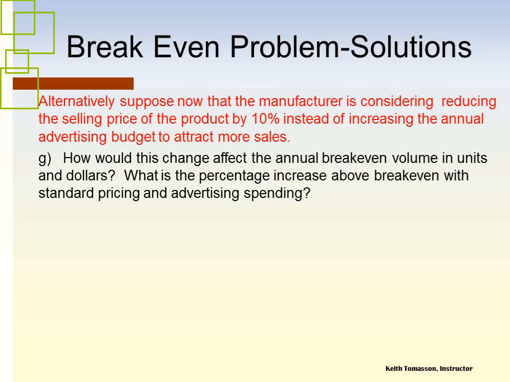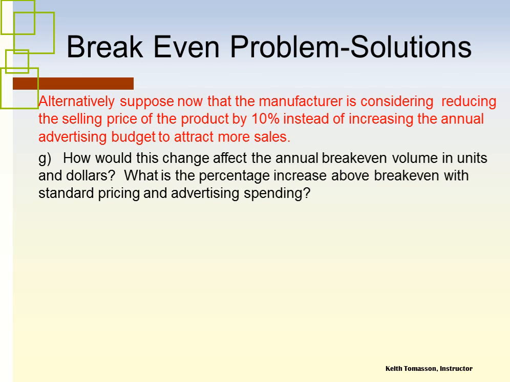But let's say instead the manufacturer is considering reducing the selling price of our product by 10% instead of increasing the annual advertising budget, in an attempt to attract more sales. If that was the decision, how would this change affect our annual break-even point in terms of the number of units sold and in terms of the dollars, and what percentage increase does that represent?